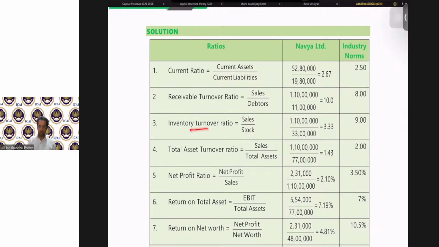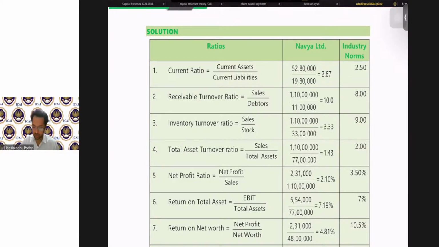But when it comes to inventory turnover, are we good or bad as compared to the industry? As compared to the industry, are we doing good in the inventory turnover? Yeah, we are, right. We are doing good. Are we?